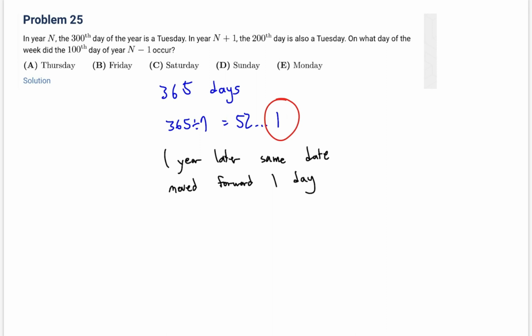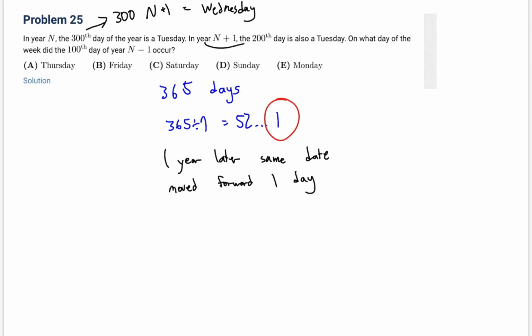So here, in year n the 300th day of the year is a Tuesday. That must mean that if year n plus 1 is not a leap year, then the 300th day of year n plus 1 must be a Wednesday, since Wednesday is one day after Tuesday.